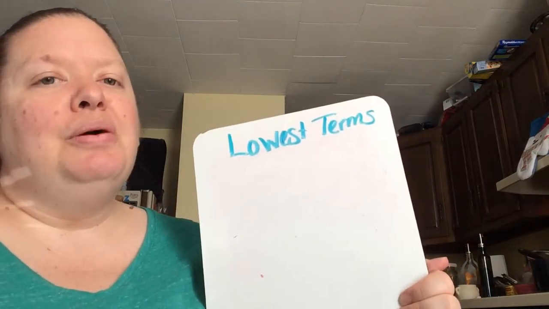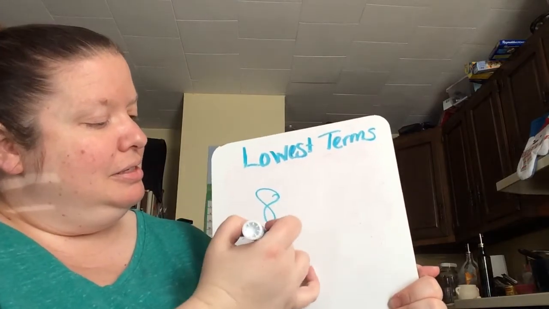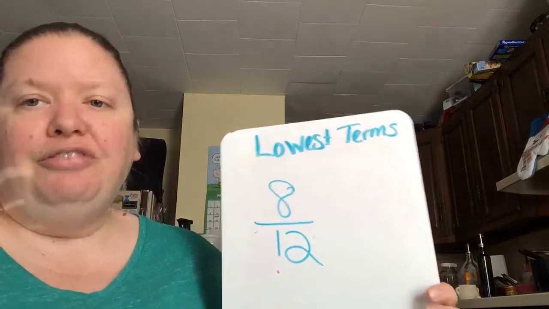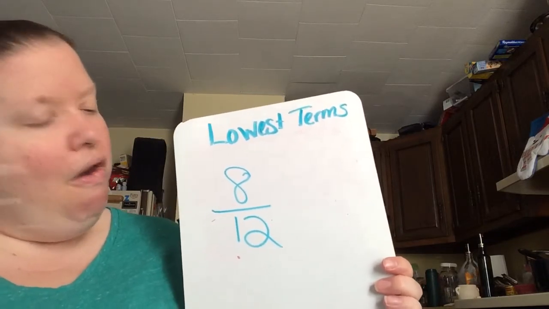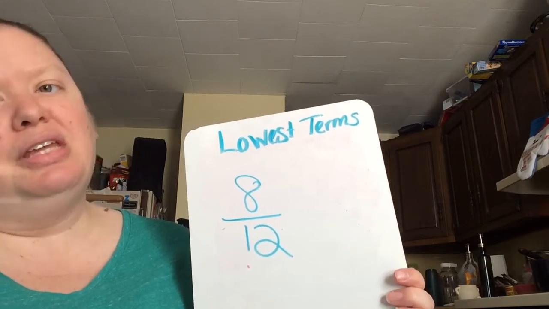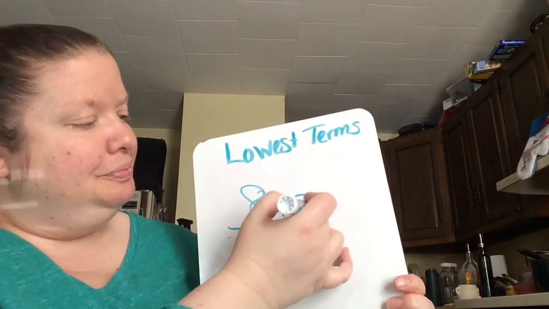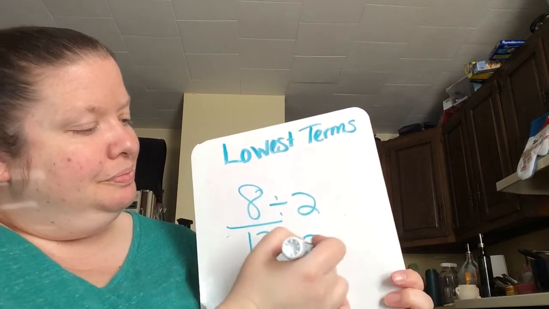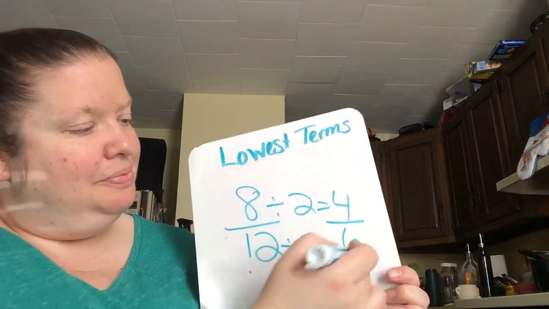Now, I want to show you what would happen if I did, for example, 8/12 and I did not find the greatest common factor. Okay? So if I don't find the greatest common factor for 8 and 12, the first thing I'm going to think is that they are both even, so I can divide by 2. Which would be 4/6.